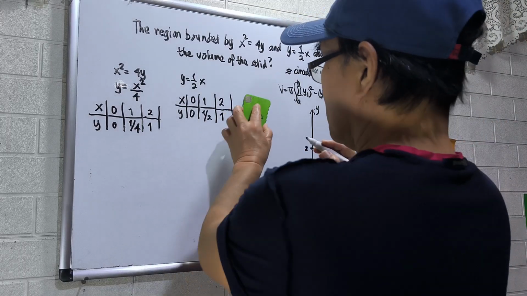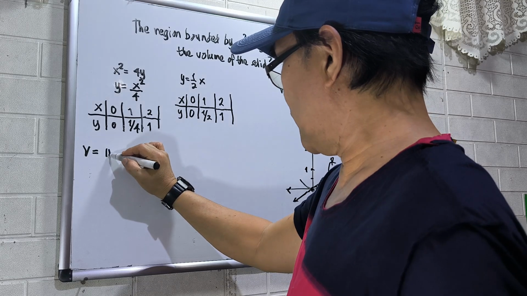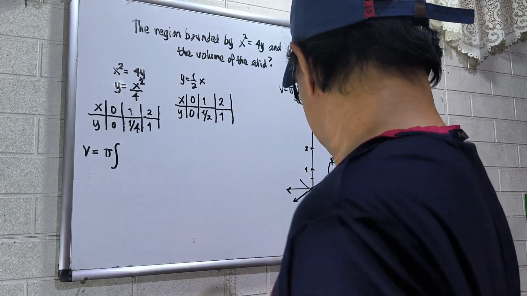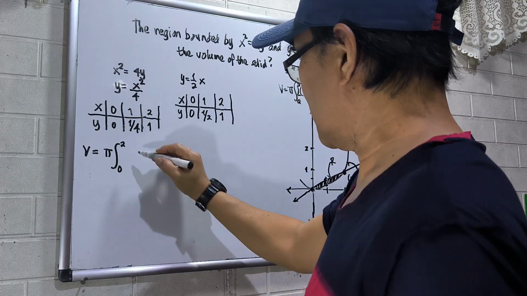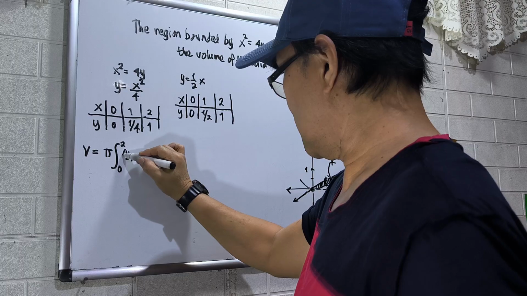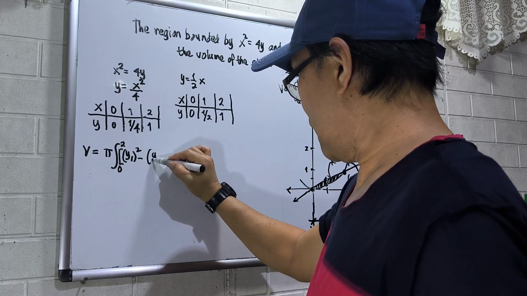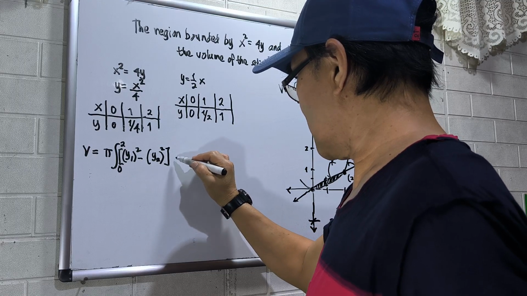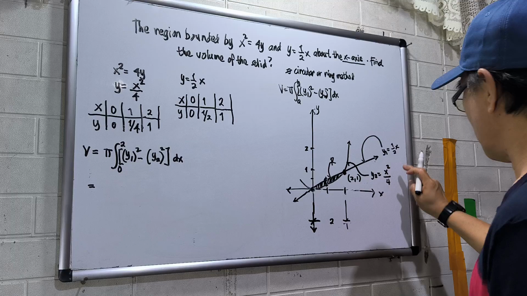So I have now volume is equal to pi integral from 0 to 2, then this will be y1 squared, square brackets, minus y2 squared, then dx. y1 is my line.